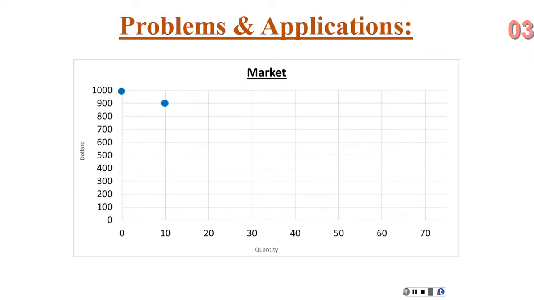Now, this is me graphing our demand function, right? So if we take that function, 1,000 minus 10Q, notice the intercept is 1,000, and then minus 10Q would be our negative 10 slope, and so each of these points would be along that curve, down 100 over 10, down 100 over 10. That would be our negative 10 slope, and that would be our demand curve.